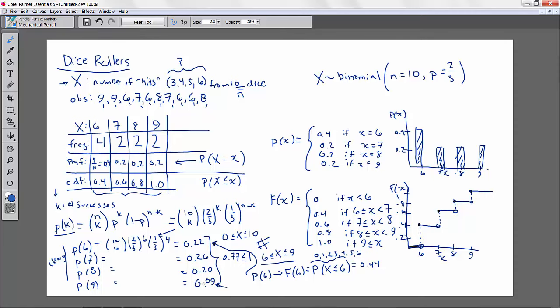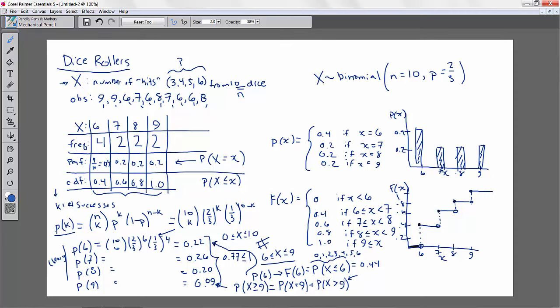Similarly, we have to adjust this parameter, since this one only looks at the probability of 9 successes. We could instead look at the probability of having x be greater than or equal to 9. The important trick for how to consider this is, since there's no analog to the CDF for a greater than or equal to operator, we can instead represent this as the probability of x equal to 9, and then add in the probability that x is greater than 9.